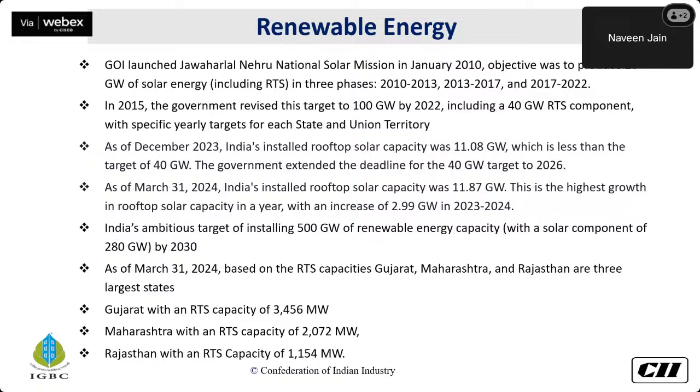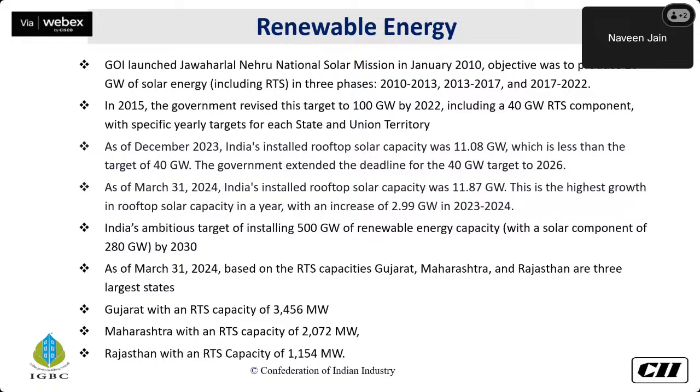Right now, the big 3 states are Gujarat, Maharashtra, and Rajasthan. Gujarat is way ahead of the others, with more than 3.4 gigawatt of installed capacity. Second, Maharashtra, with 2 gigawatt, and third, Rajasthan, with 1.1. So a lot of work has to be done in this sector, and a lot of incentive and push should come from the government so that it can be adopted by many.